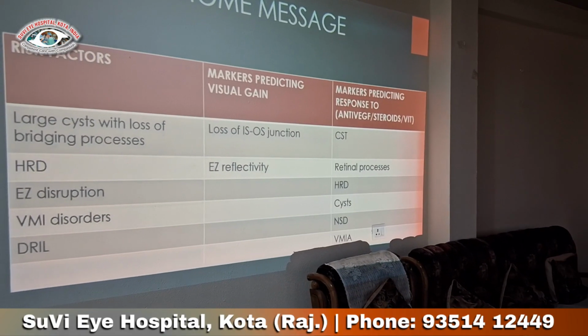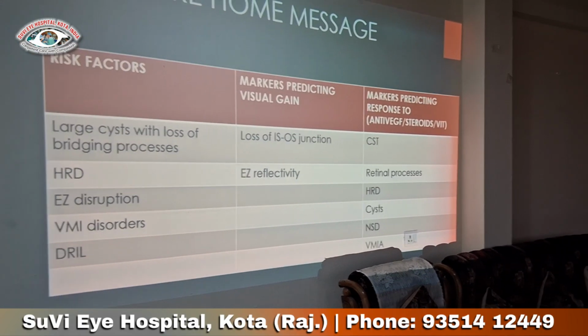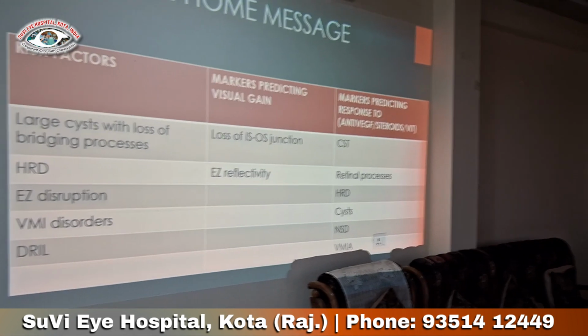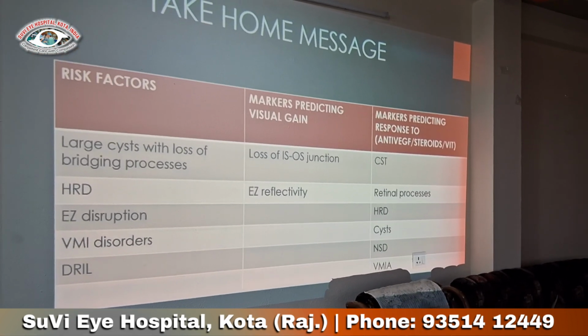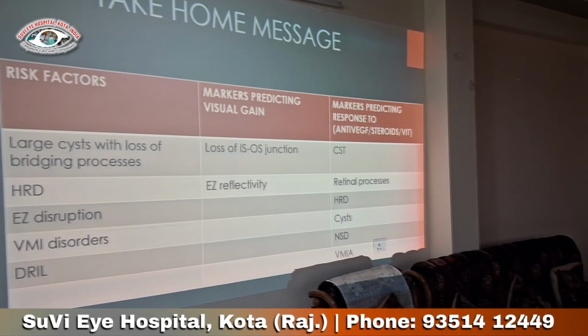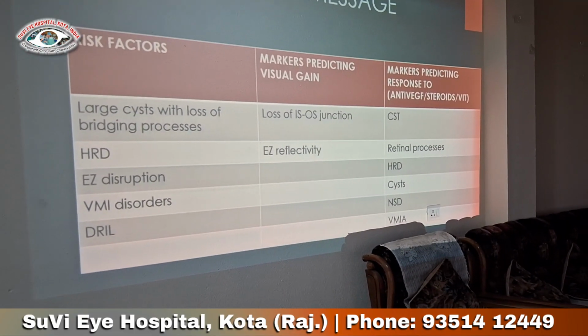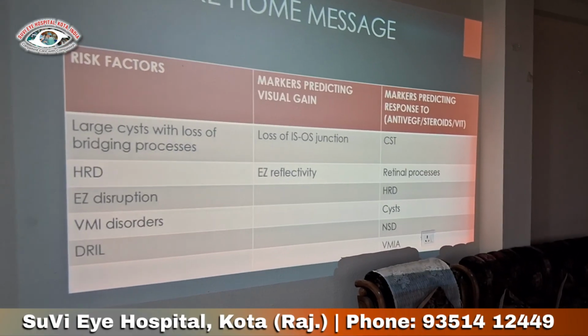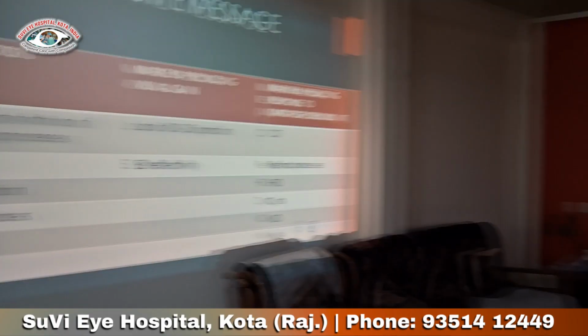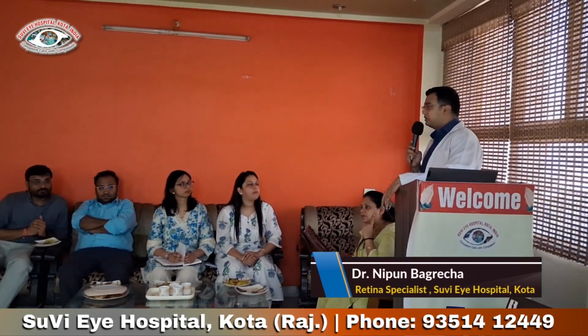Whatever you do, whether you give an Ozurdex implant or anti-VEGF, you can try bevacizumab, faricimab, sometimes the vision stays at 6 by 12 to 6 by 9. At that point, there is no point in giving further anti-VEGF agents; just take metabolic control and observe the patient.